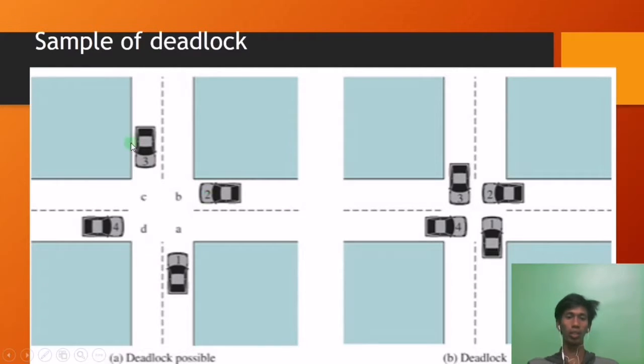Four cars arrive at the intersection like deadlock A and B. However, if all 4 cars ignore the rules and proceed into the intersection at the same time, then each car seizes 1 resource but cannot proceed because the second resource it requires has already been seized by another car. This is an actual deadlock.